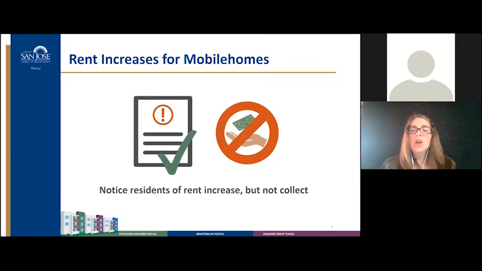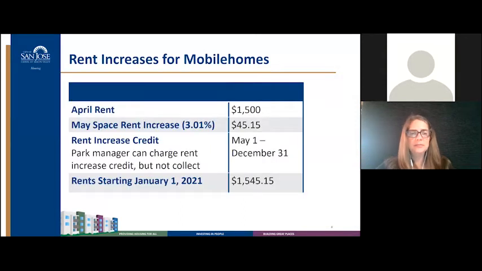And so what the city council approved was an alternative concept where a rent increase may actually be noticed and served by a park owner to mobile home residents. However, that rent increase may not be collected during the period of the moratorium. So why don't you go ahead to the next slide, and I'll provide an example.